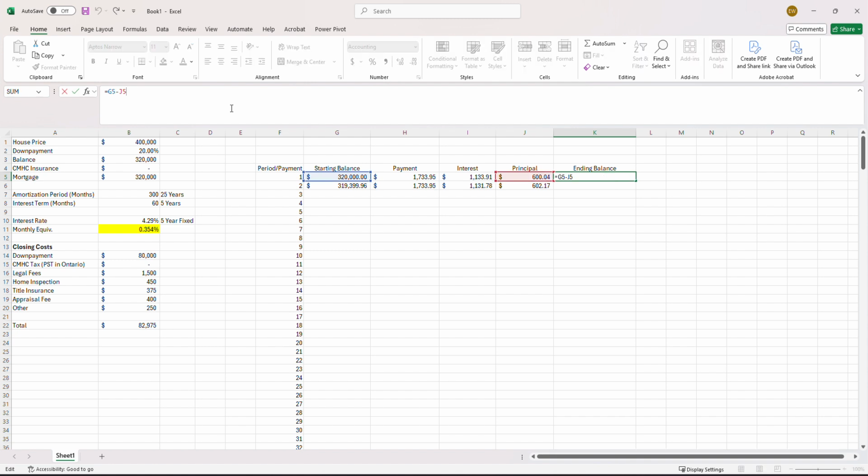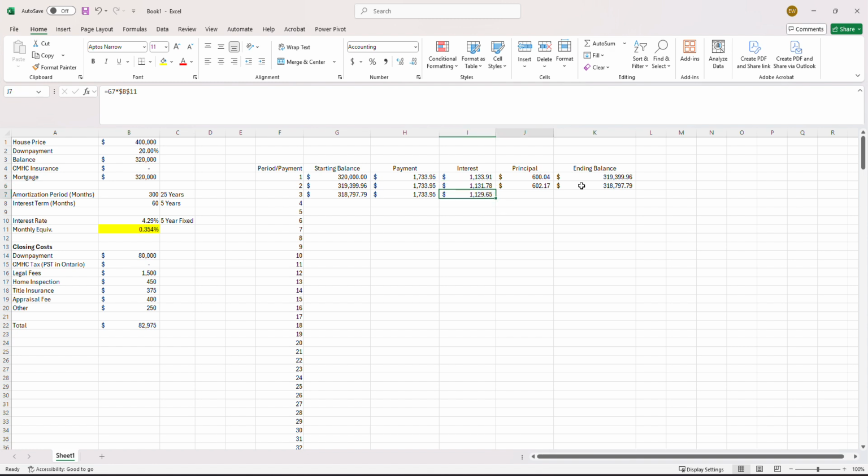So your ending balance is going to be the starting balance at the start of the month, subtracting the amount of principal that you paid in that month, and that's going to be your new starting balance at the start of next month. Your payment doesn't change, your interest payment goes down a little bit, and more goes towards principal. And this just keeps happening over and over again.